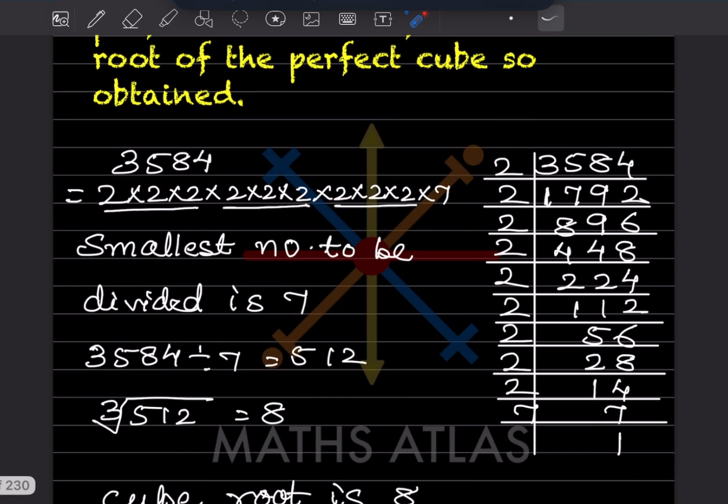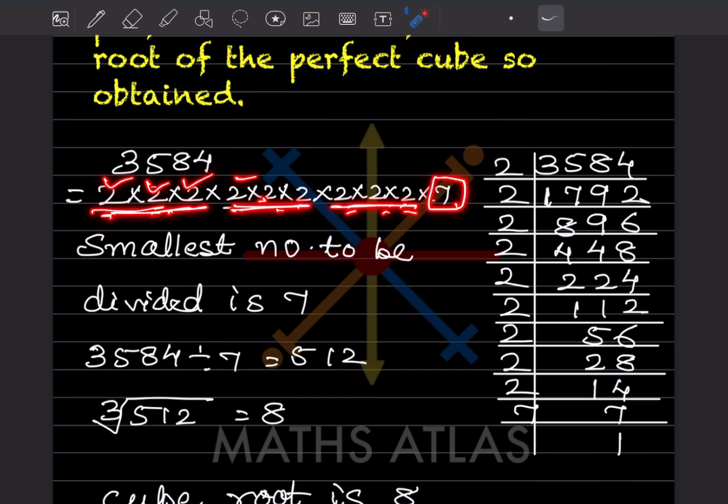So now this is the cube root. We look for the same numbers, so that there should be 3 of the same. So this 3, this 2, these are 3 times, but now you can see 7 is just a single one. So we can write the smallest number to be divided is 7.